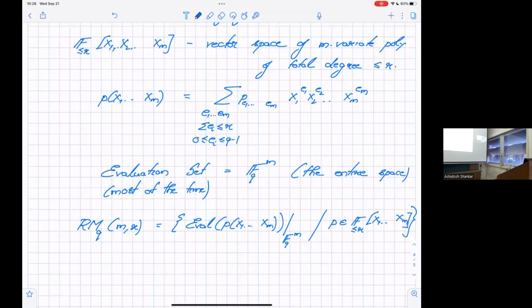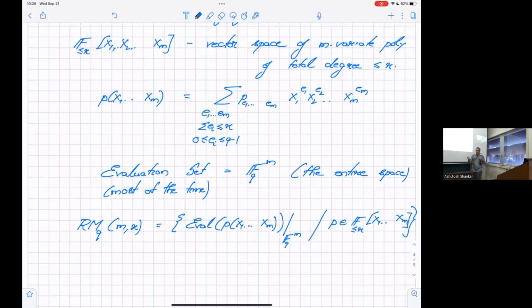So as evaluation vectors, when will it contain all possible evaluations? Then you should remove the condition that the summation of ei is less than or equal to R and just let ei go for any number between 0 and Q minus 1. There are Q power n such monomials, exactly the degrees of freedom you want.